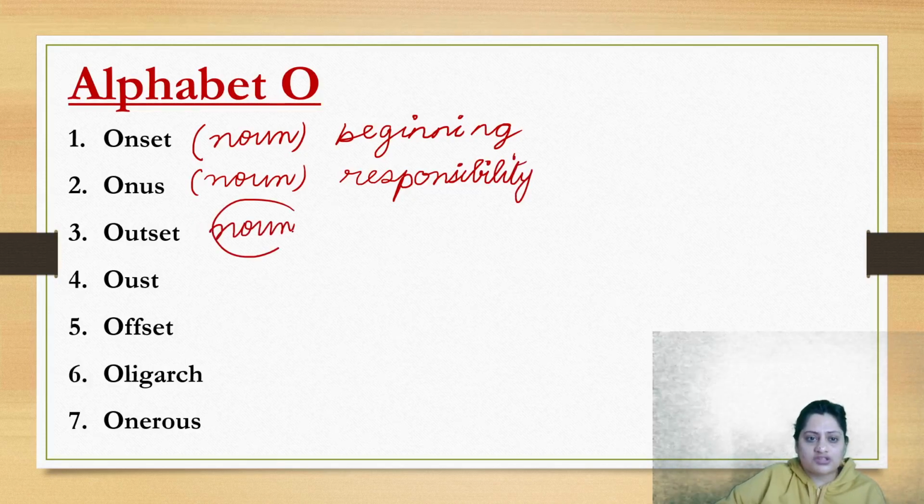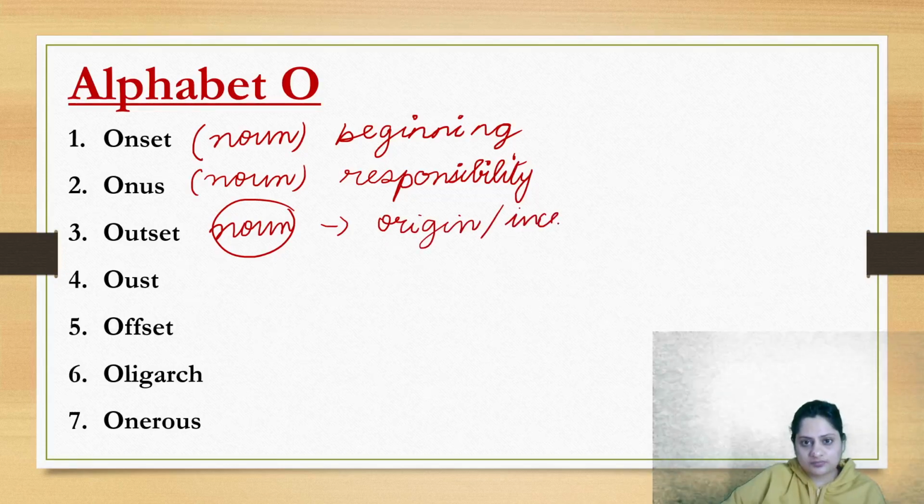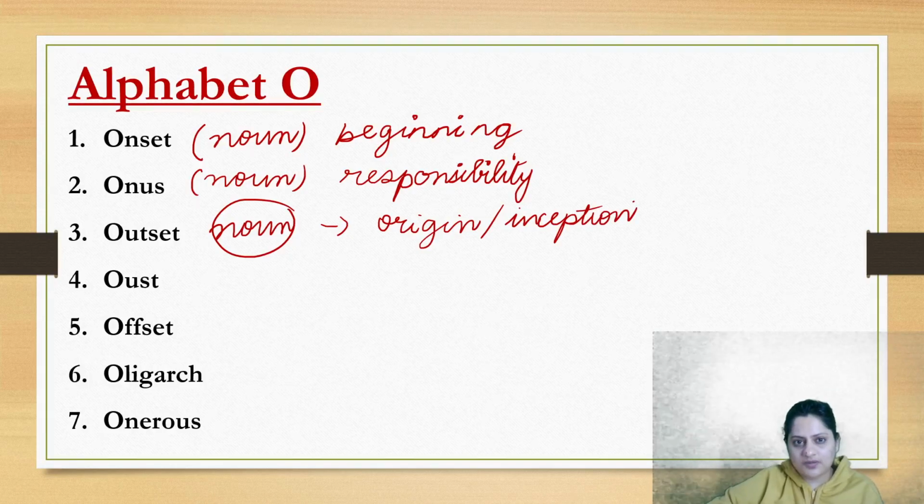We say at the outset. Outset means the start or beginning of something, its origin, or inception. Don't get confused with the words here.